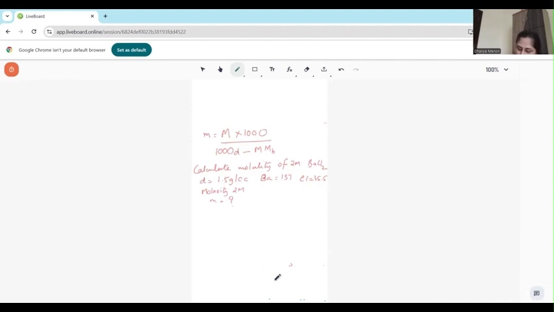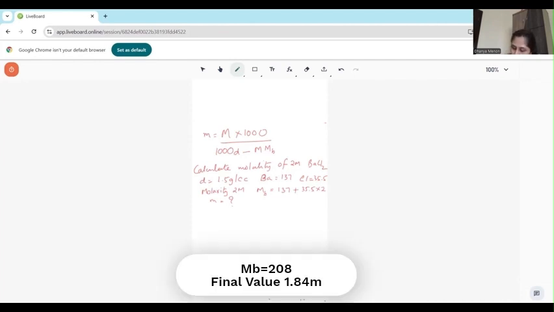What you need is the molar mass of the solute, barium chloride. Barium is 137 plus chlorine is 35.5. How many chlorine atoms are there? 2 of them, which comes to 172.5.